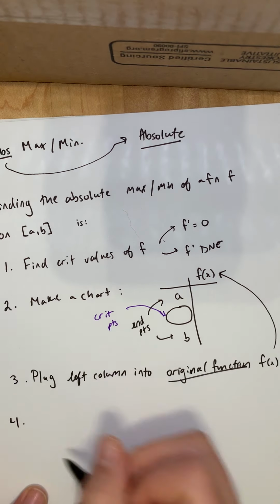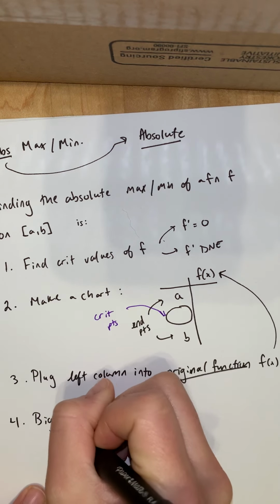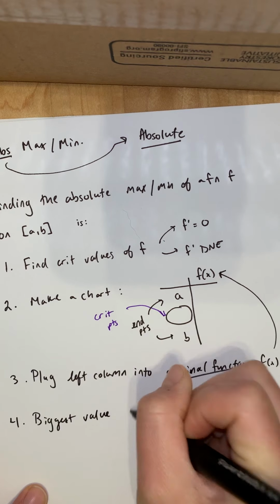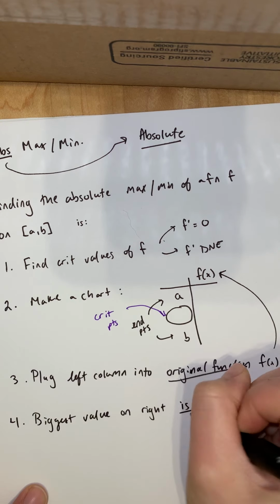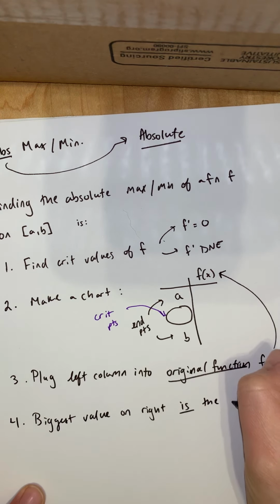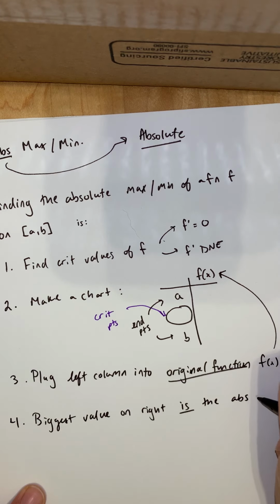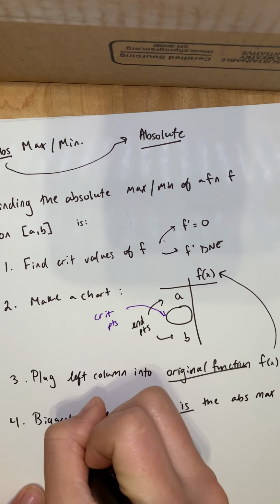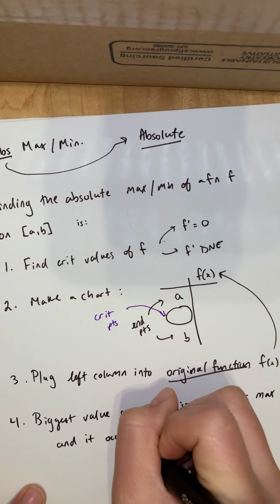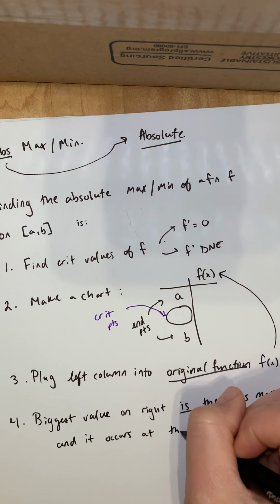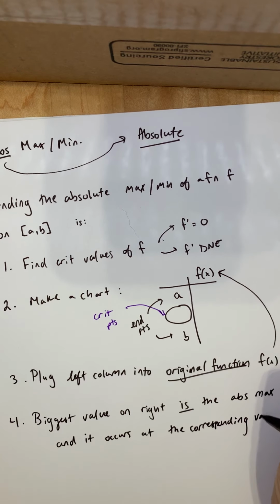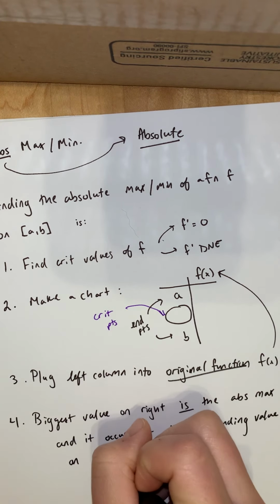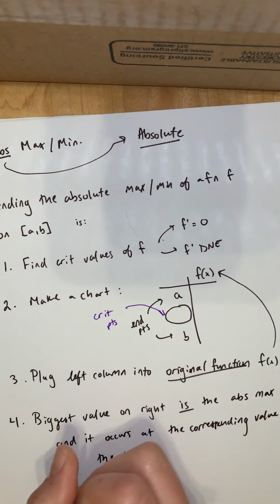Now step 4, we're able to draw conclusions. The biggest value on the right is the absolute max, and it occurs at the corresponding value on the left.